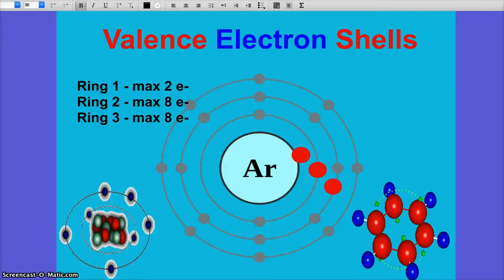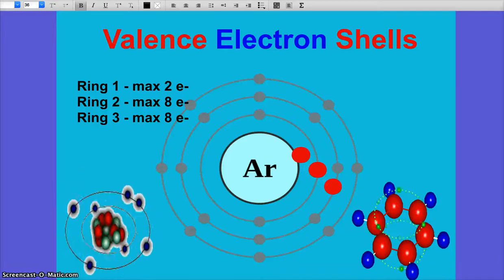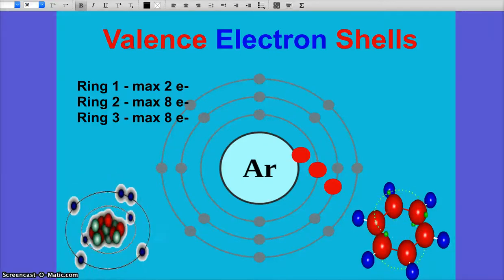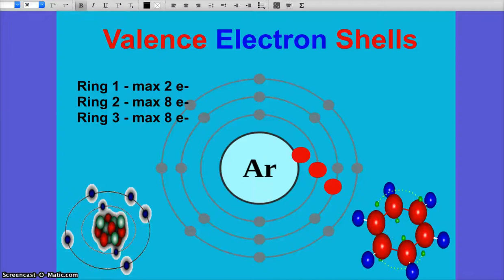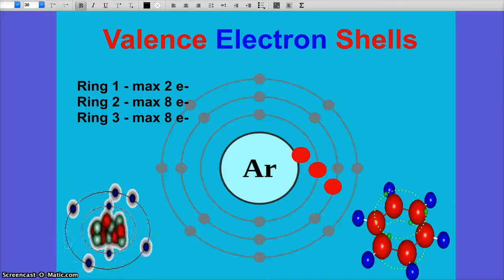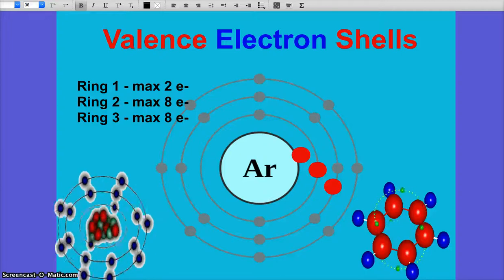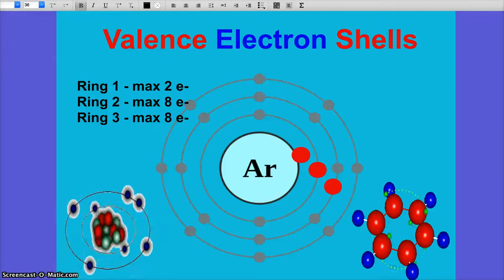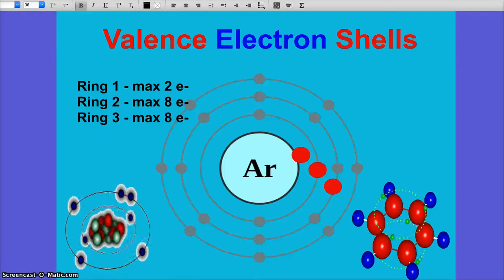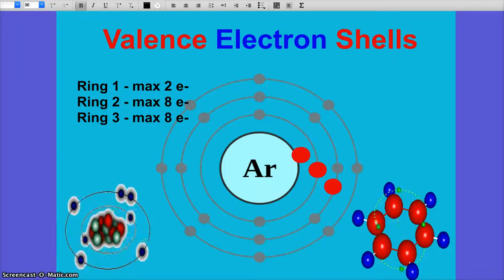Oxygen is seeking how many electrons? 2. Because in order for oxygen to feel good and content, it wants to have 8 electrons on its outer shell. This is why molecules combine. Molecules or atoms combine, I should say, because atoms are always looking to fill their valence shell of electrons.